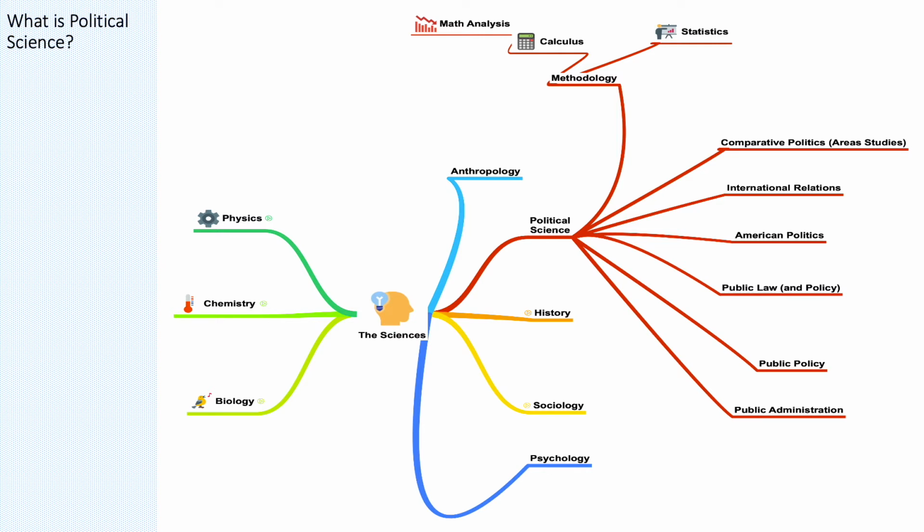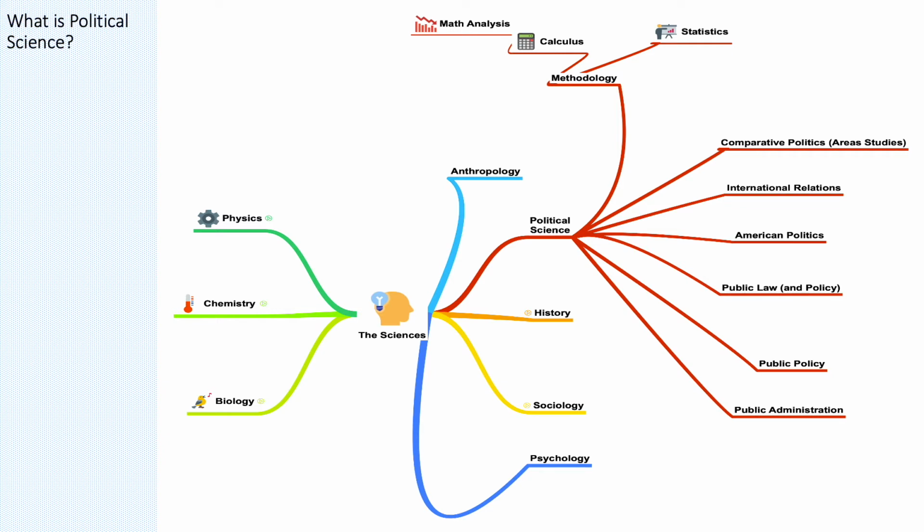Then there's a separate area of public policy that deals with what government actually produces, the outcomes or outputs of government. Public policy may involve anything from energy policy to education policy to high-tech policy to social policy, etc. And then there's public administration, and this has to do with how bureaucracy is organized, how it functions.